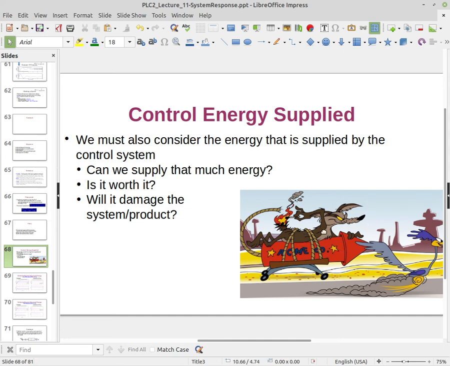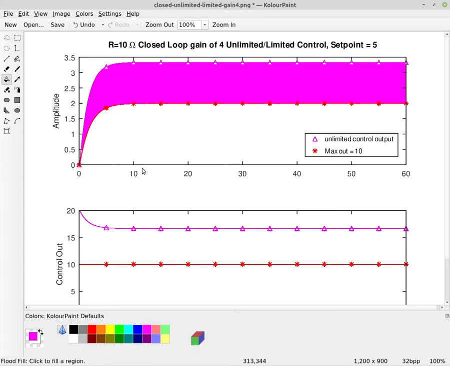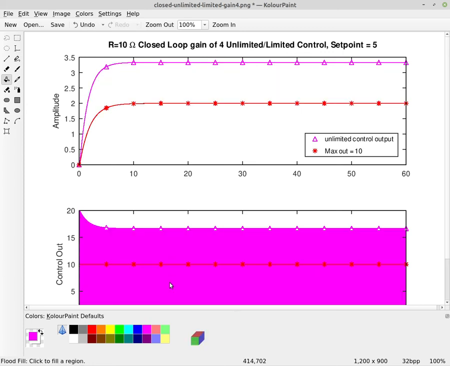So think about how much energy is in there. Well, this is showing the energy that our control system needs. So our control system needs all this energy.